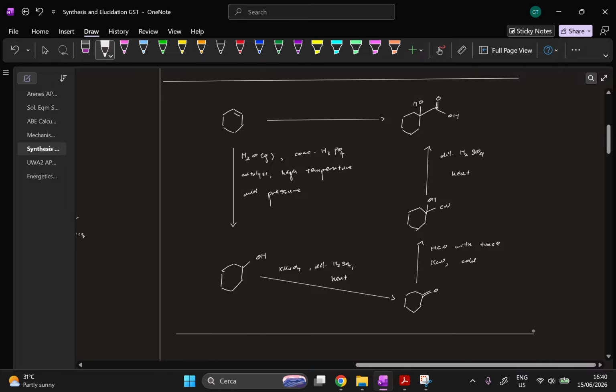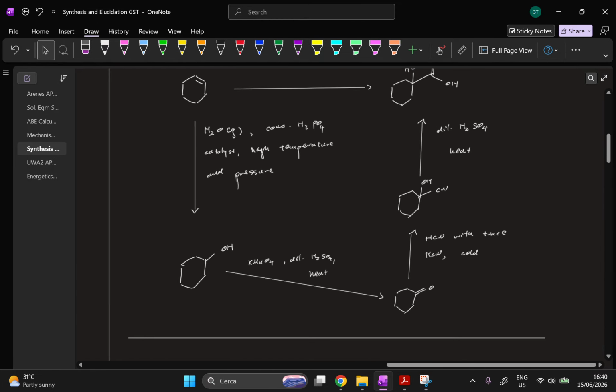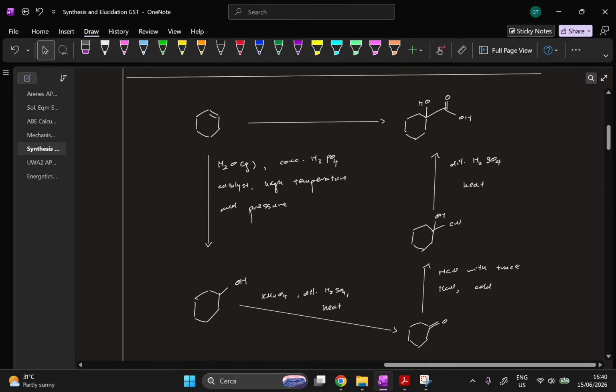So for example, if I want distillation with K2Cr2O7 to form an aldehyde, or if I'm purposely trying to avoid an oxidative cleavage or a side chain oxidation. So if I want to oxidize one functional group, but there's an alkyl benzene that I don't want to be oxidized, I want the other functional group to be oxidized, but I don't want my alkyl benzene to turn into benzoic acid, I cannot use permanganate, I have to use dichromate.